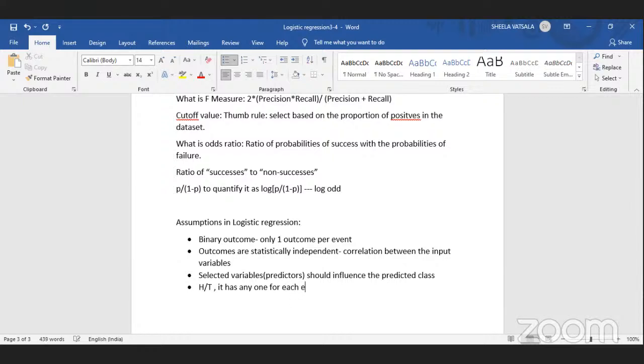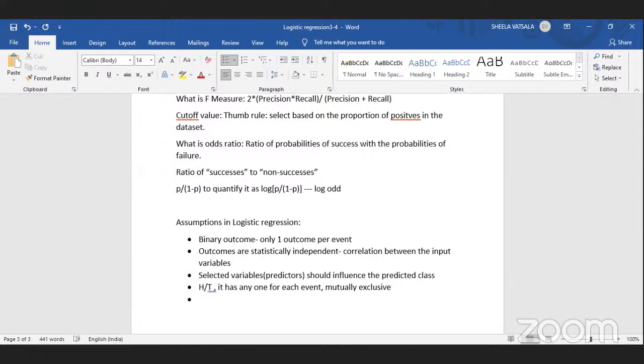Actually, this is very similar to the first one, binary outcome, right? Any one outcome per event. Head or tail, it has any one for each event. That means you call it mutually exclusive. Right? Next.